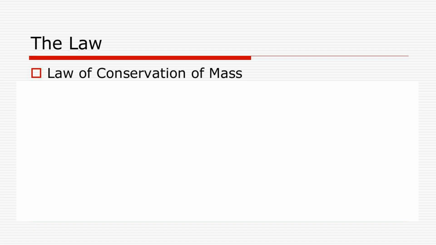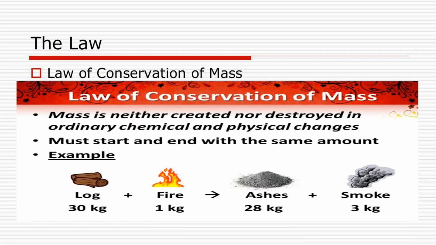All right. So recall that the law of conservation of mass tells us that matter is neither created nor destroyed in an ordinary chemical reaction. So if I'm going camping and I take a log and I want to burn it, that log, when I burn it, is going to combine with oxygen in the air, and that's what we're seeing with the fire.